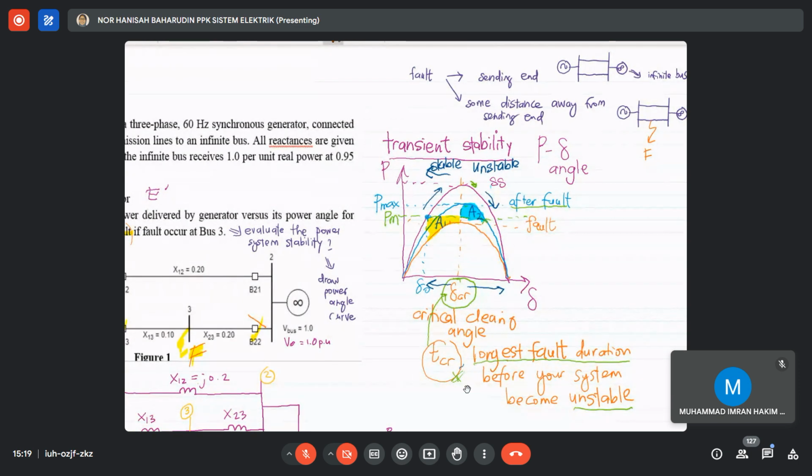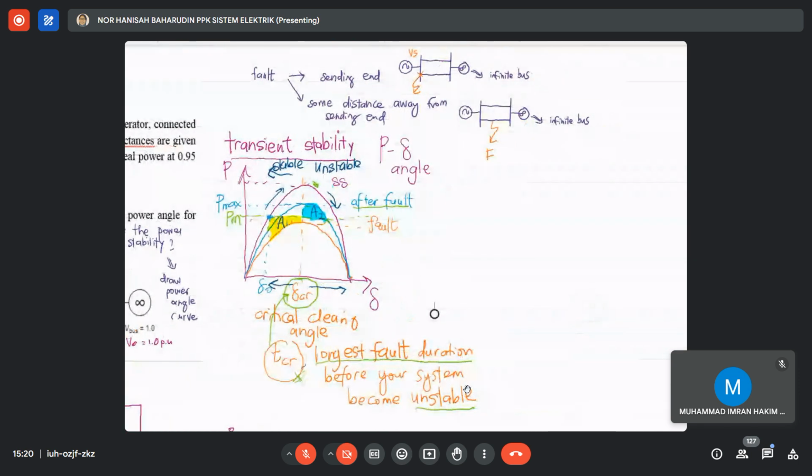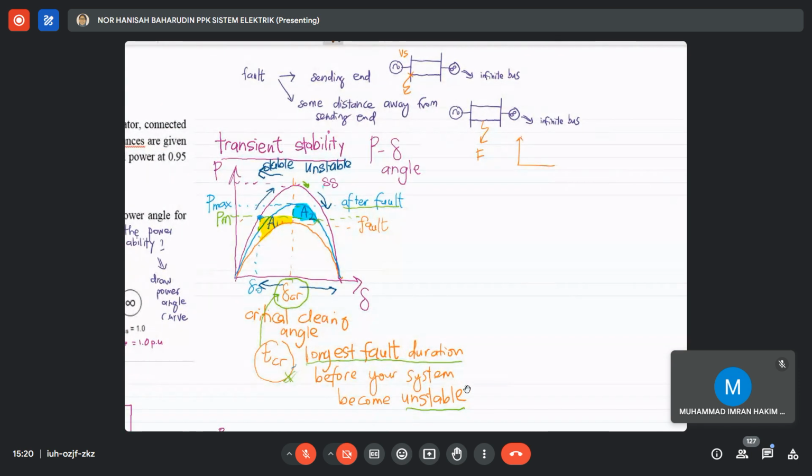If it is very near to the sending end voltage Vs, but if it is some distance away from the sending end, you have to draw three types of power angle curve, which is power versus rotor angle.